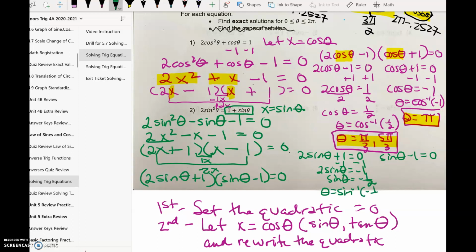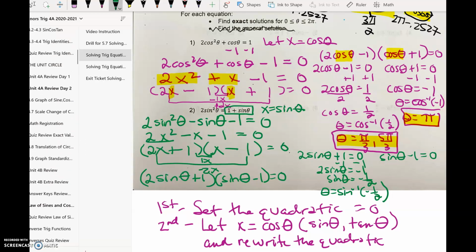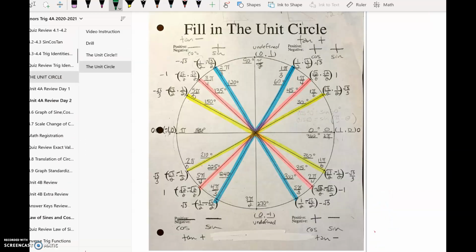And then I've got to go to my unit circle and I need to look for where my y-coordinate is -1/2. So on my unit circle, I have a y-coordinate of -1/2. I see one right here, and I see one right here at 7 pi over 6 and 11 pi over 6.